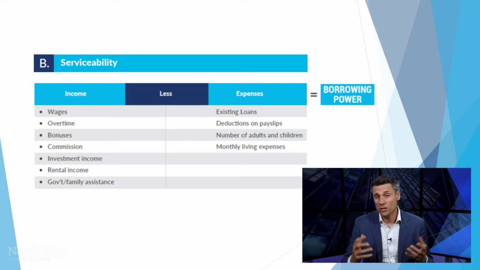It is also really good to understand that the banks will work out the mortgage repayment based on an interest rate, usually 1.5% to 2% above what you're actually going to be receiving as your interest rate. So they put a buffer in there so that if interest rates go up, they know that you can still afford the loan.